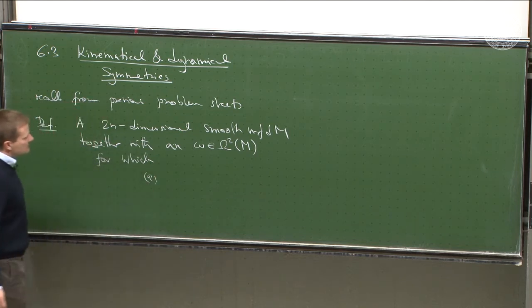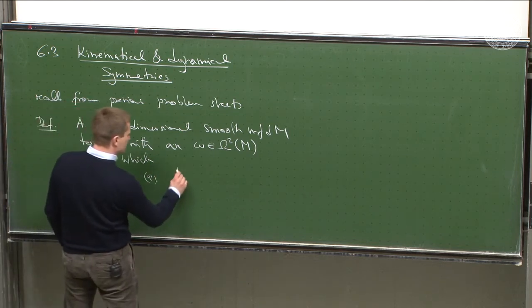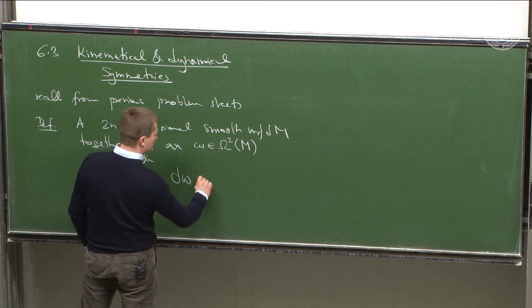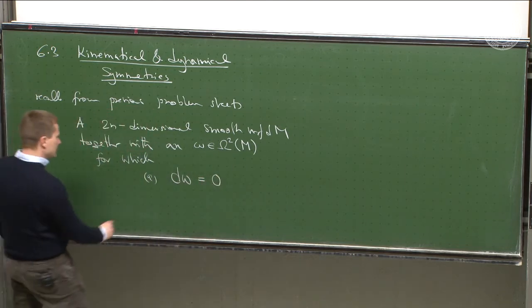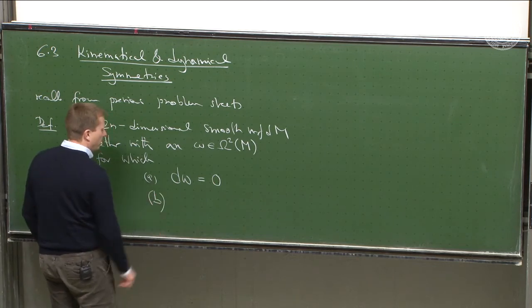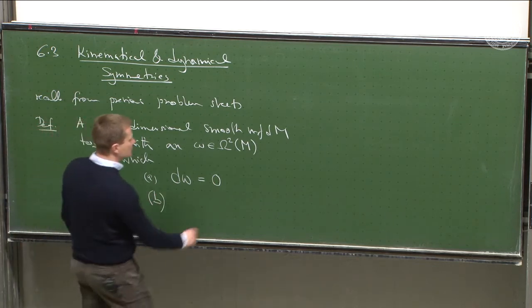First, this two-form is closed, so that means that the exterior derivative of the two-form is 0. And the second condition is that the two-form be non-degenerate.